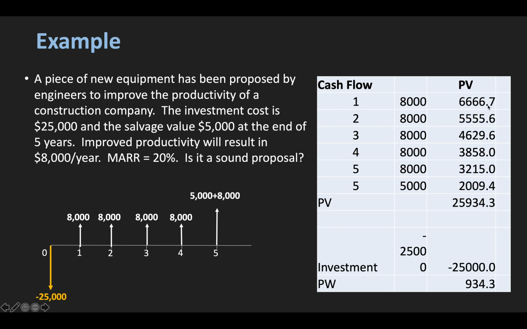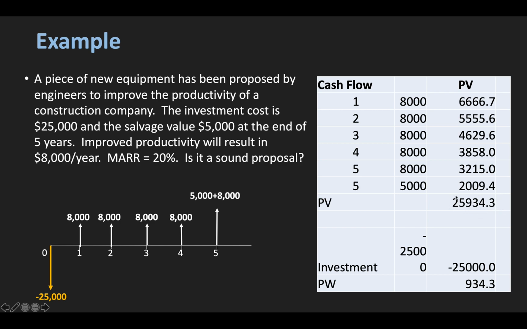And this gives me this, right? For year 2, same thing, $8,000, I divided by 1.2 squared, gives me this. This is $8,000 for year 3 divided by 1.2 cubed, right? Gives me this. And so on and so forth. I convert all the money back to present value and add them all together.